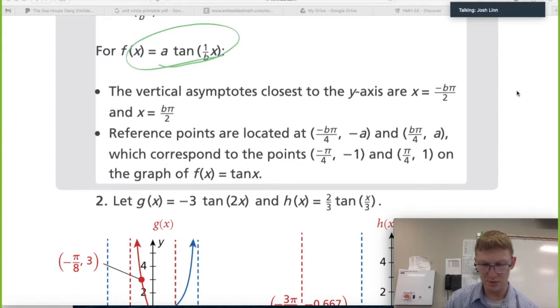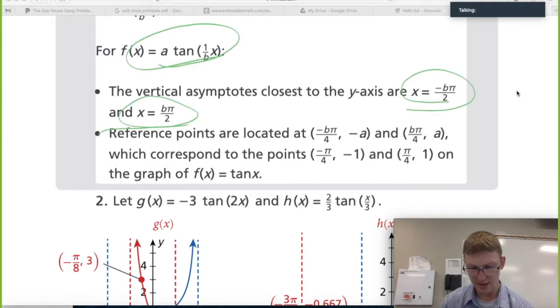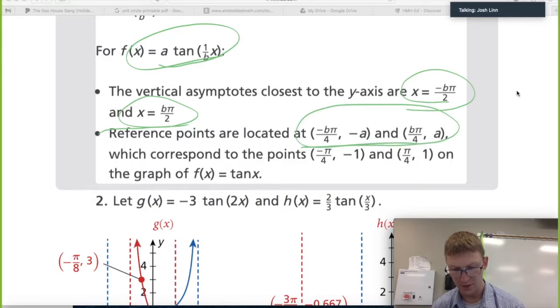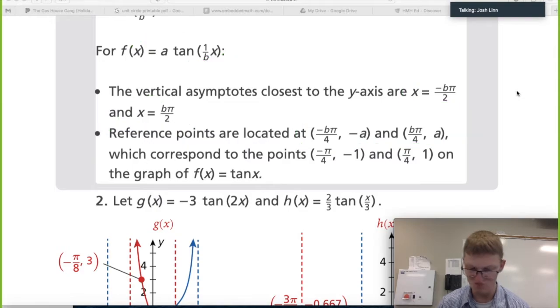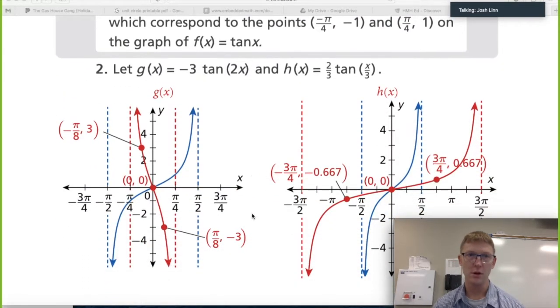This one, which is probably easy to remember, your asymptotes and your reference angles. So whatever works best for you. I kind of like the vertical horizontal thing, but we'll see as we go through these problems which one I default to. So that was the left.